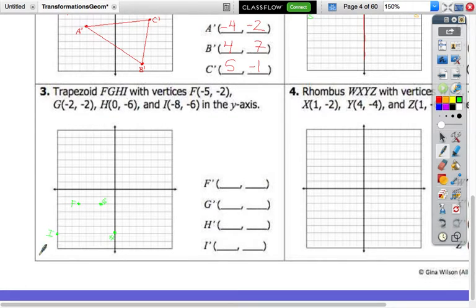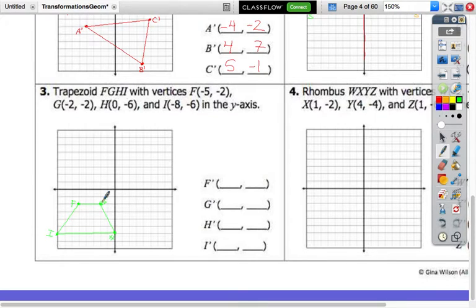And that's going to be I. Now I connect my points using a ruler. And I have a trapezoid in the third quadrant.